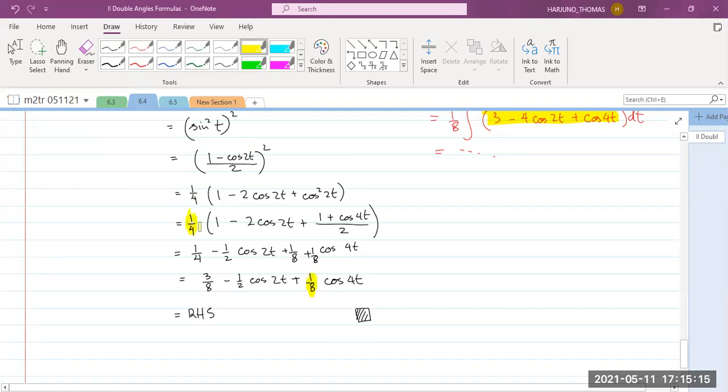Yeah, 1/4 times 1/2, I'm sorry, 1/4 times 1/2 is 1/8. The 3/8 here is coming from 1/4 plus 1/8.